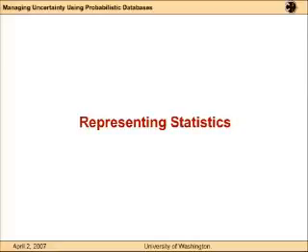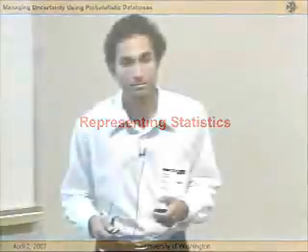Earlier you said the query result itself is not a probabilistic database, right? The probabilities that you get for the query result are not in the same representational model as the original database. But here you're saying something different.